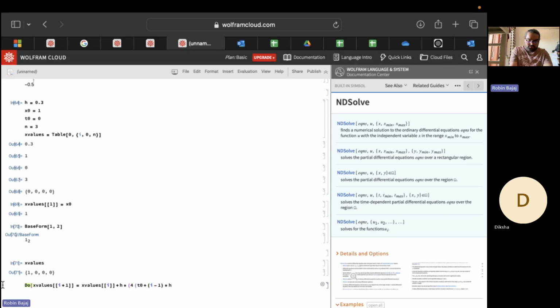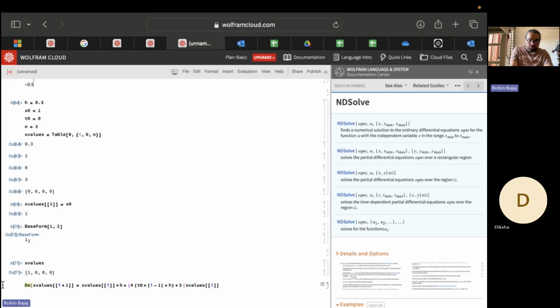That is fine. Plus 3 times x values, which is x values at the ith point. That's the recursion in the loop.